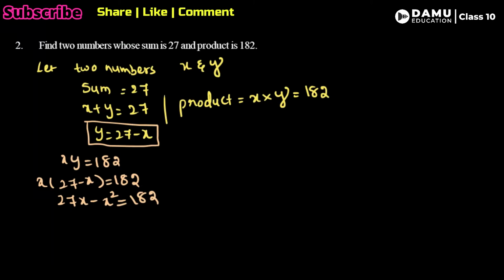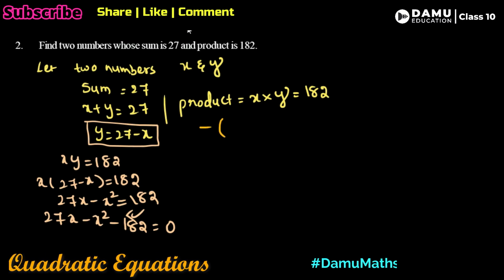Let's take minus as common. Let's shift this 182 to the left side. So 27x minus x square minus 182 will be equal to 0. Here plus will become minus, so let's take the common factor of minus.